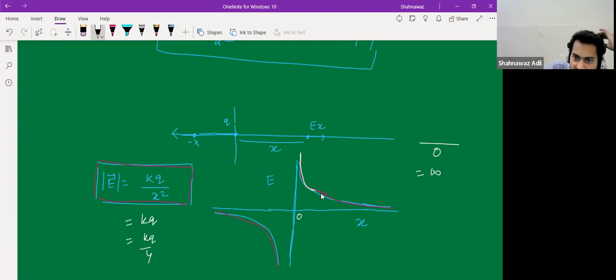And then when I put this value to infinity, something by infinity is how much? Let's say something by zero is infinity, right?